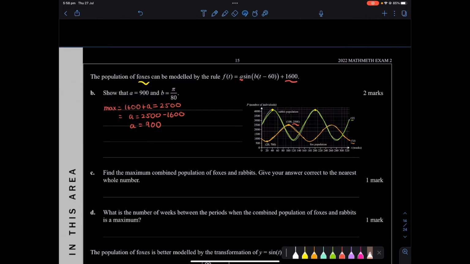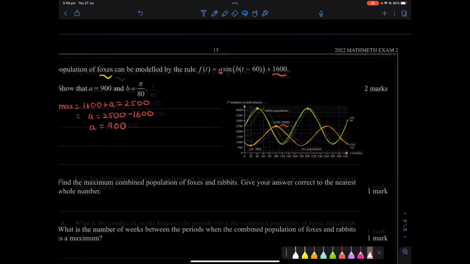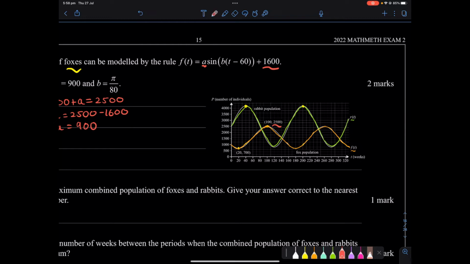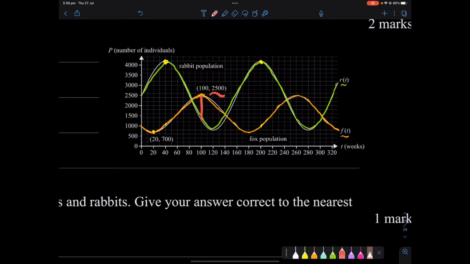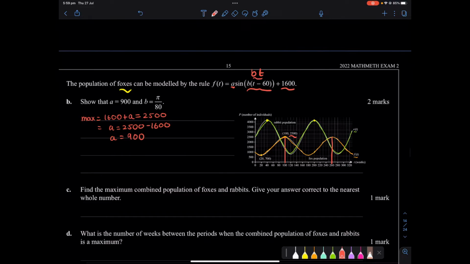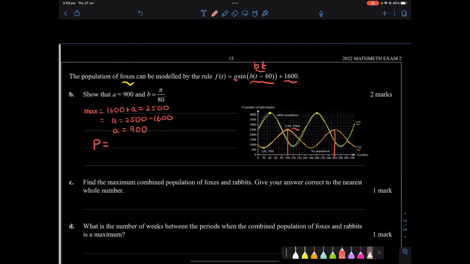So that's that. For B, it's pretty much the period, because if we expand that, it will be 2 pi on B, which is your period, the difference between the peaks. So let's look at this peak, which is 100, and here, is this 260? I think so, yes. So the period is equal to 260 minus 100, which is 160.